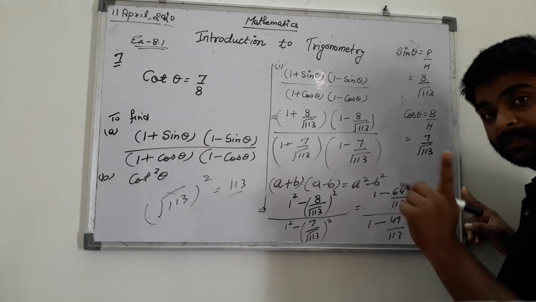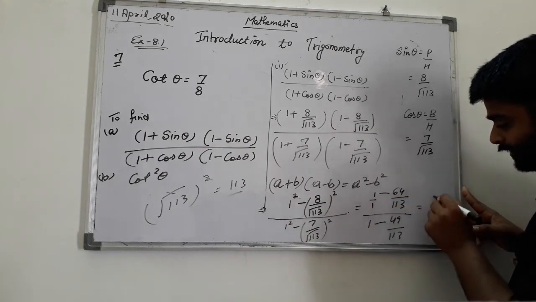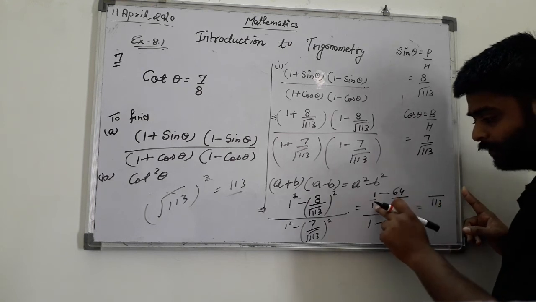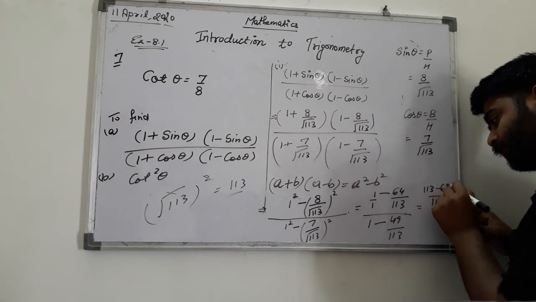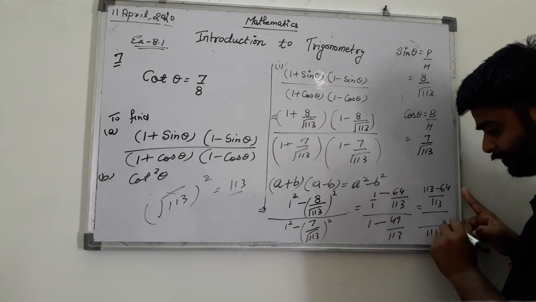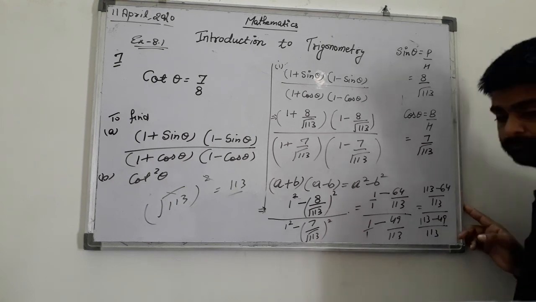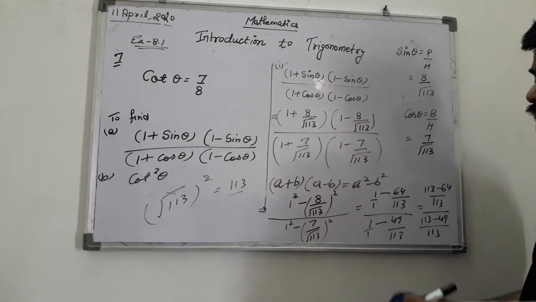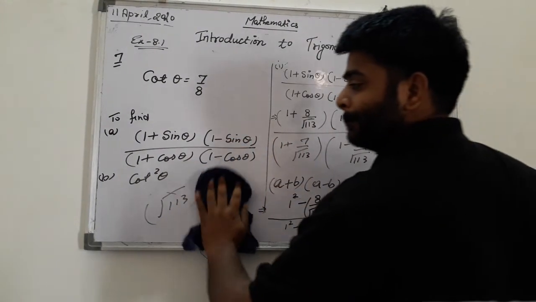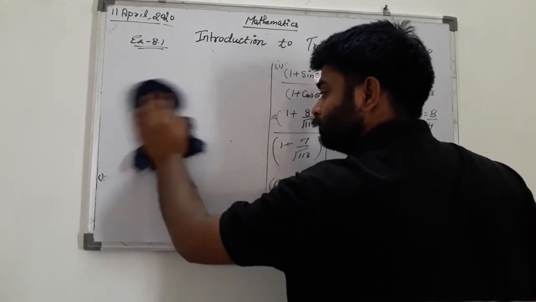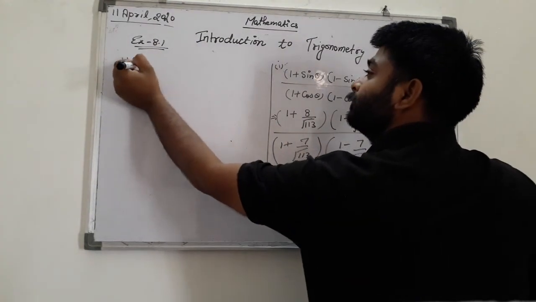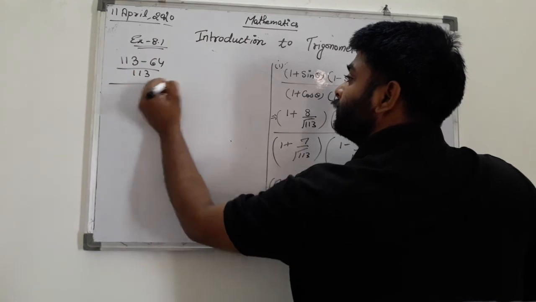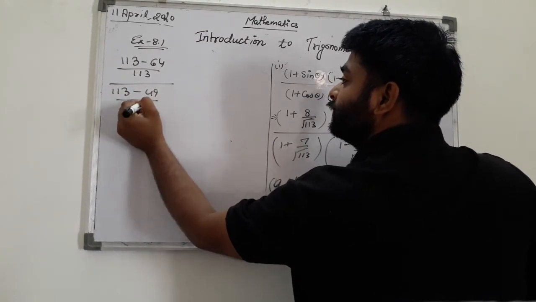Now class, take an LCM. The LCM is 113. So 113 divided by 1 is 113, multiplied with 1 is 113. So we get 113 minus 64 upon 113, and 113 minus 49 upon 113.